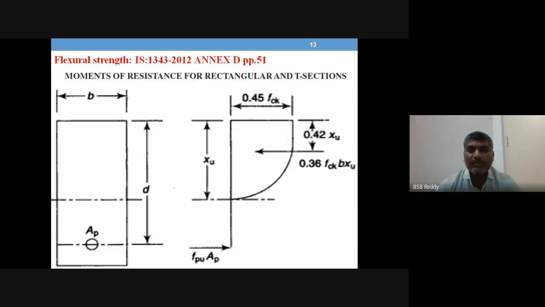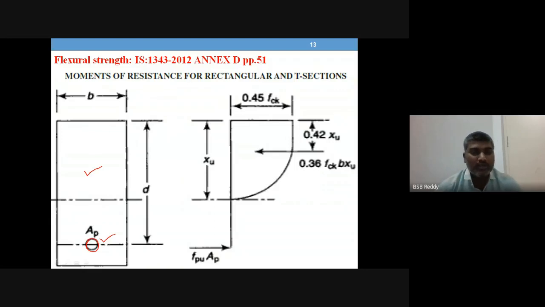You can see this diagram, which you know very well. It is about the stress block parameters we are going to talk about. Here you see a rectangular cross section with tendons placed at this location.